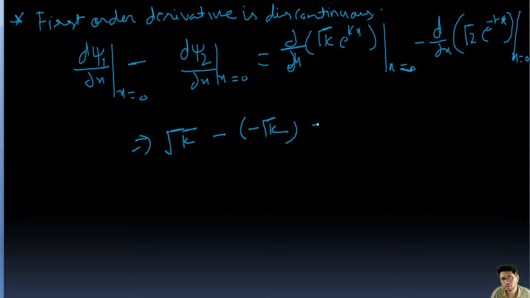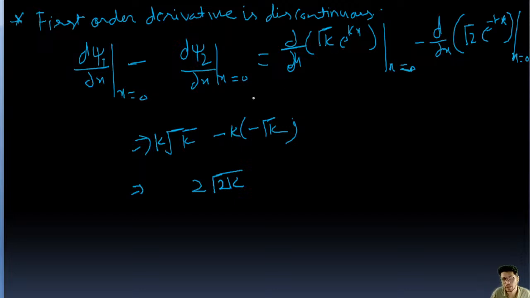So this value is going to be 2 root 2k. The k is also there, guys, because we will differentiate it.